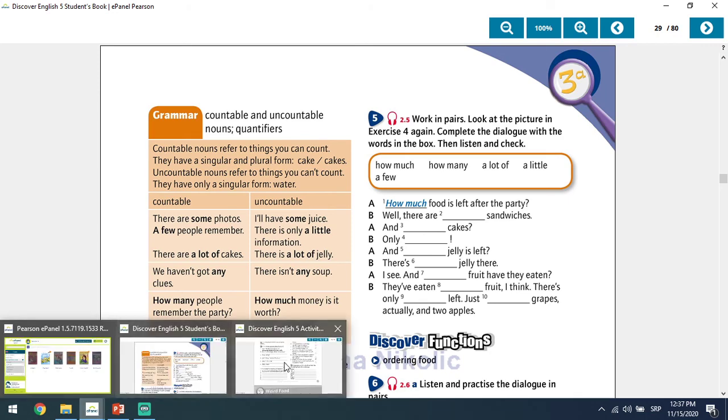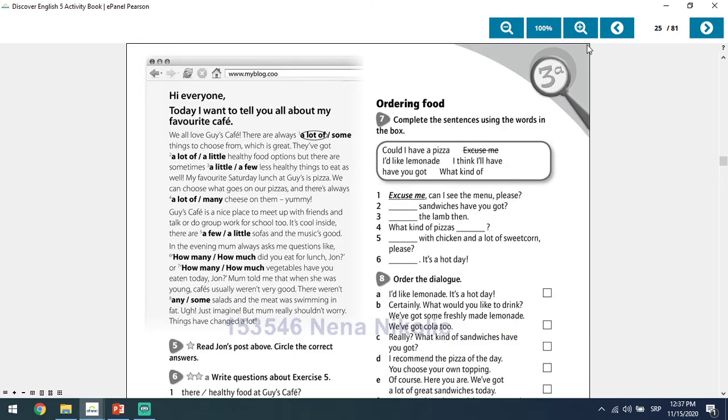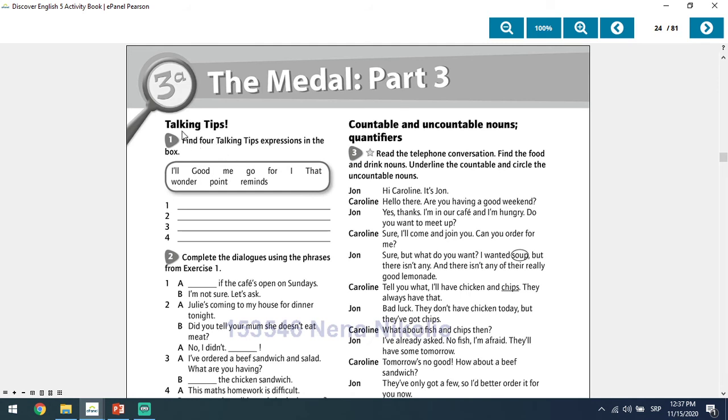Let's see what you have for your homework. Last time you had to do exercises 1 and 2, and now you have to practice what we have done today. In exercise 3, read the dialogue carefully. You can't listen to it, you can just read it. Pay attention to the meaning of the sentences here, because you will need that later.